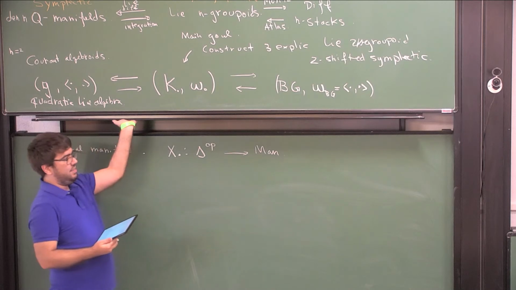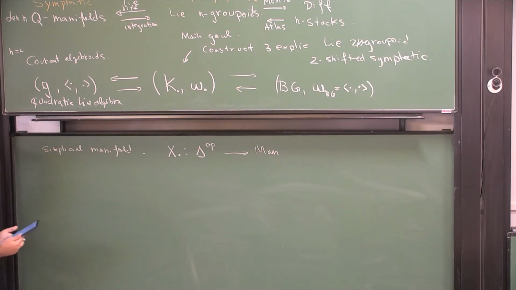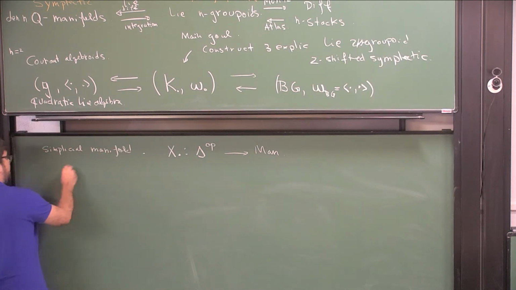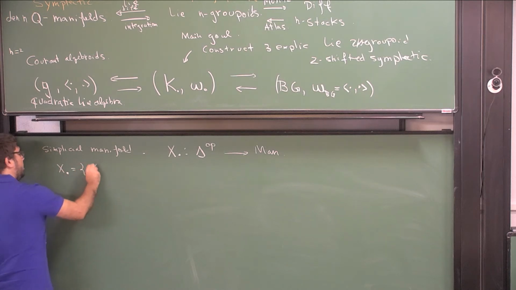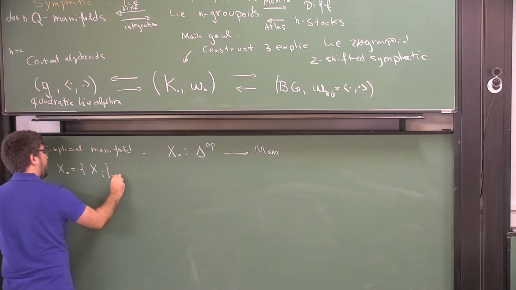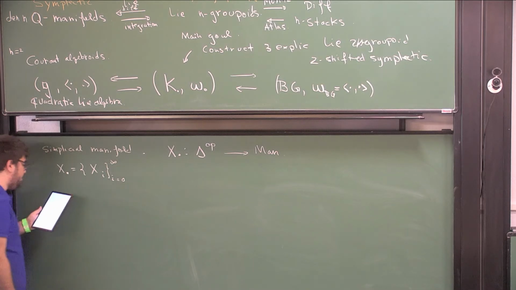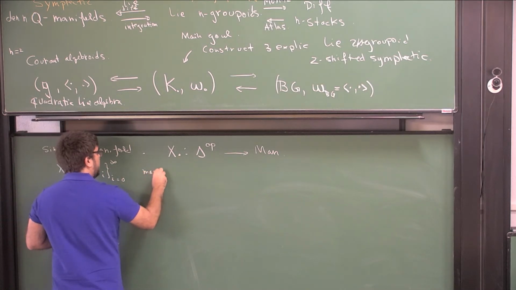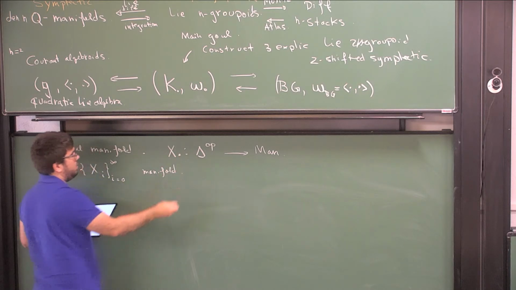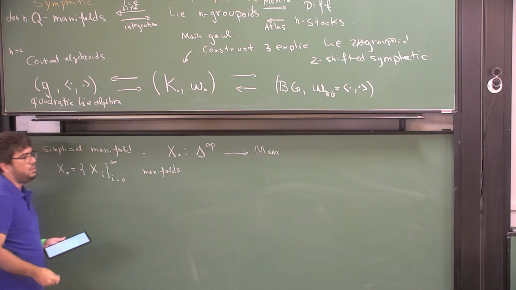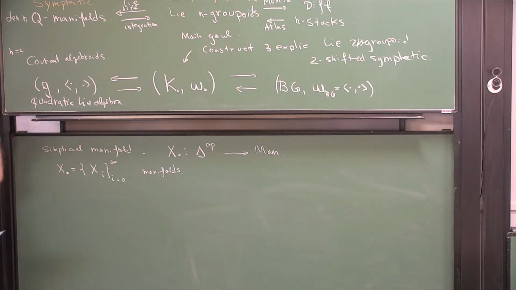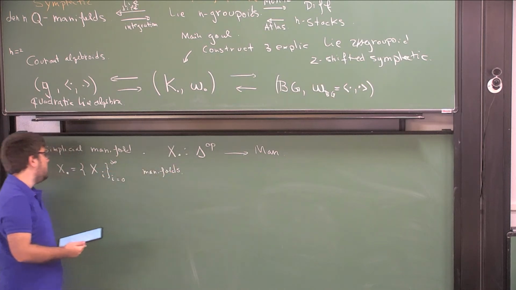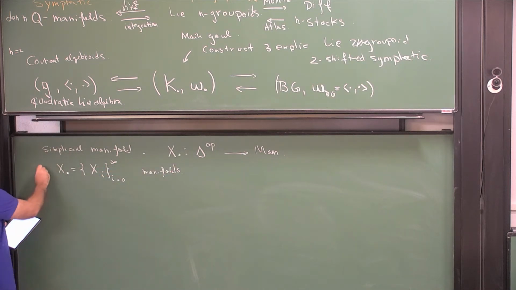More concretely, this abstract definition says that a simplicial manifold is a collection of manifolds X_l, for l from 0 to infinity. And here, when I say manifolds, I'm working with possibly infinite-dimensional Banach manifolds. So those are manifolds for me.